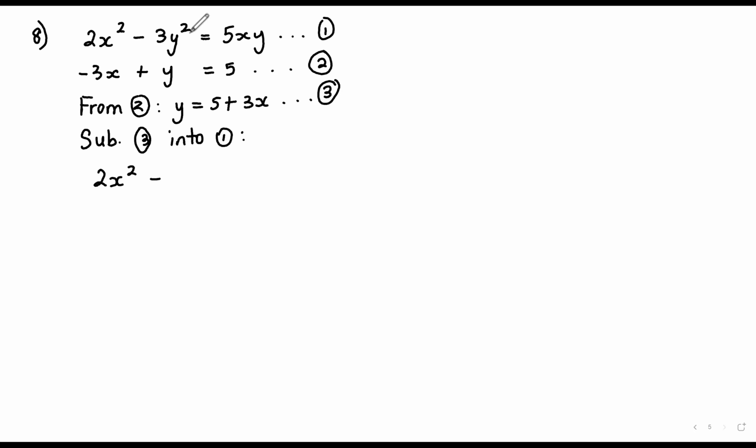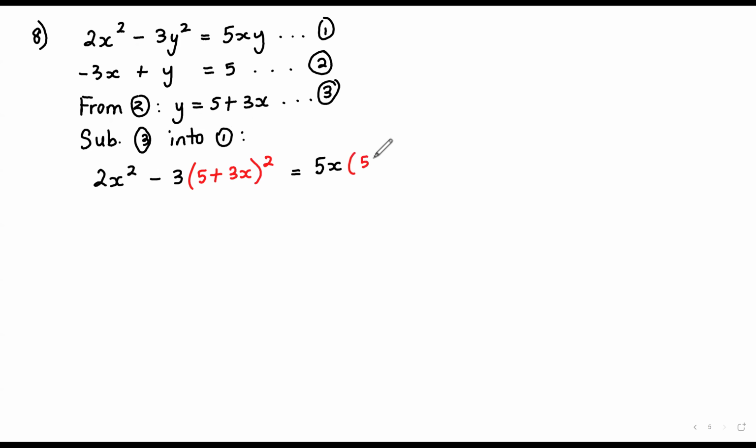Now listen, this y squared literally means y times y, right? So this will be 3 times 5 plus 3x squared. And all of that is equal to 5xy, which means 5x times y, which is 5 plus 3x.